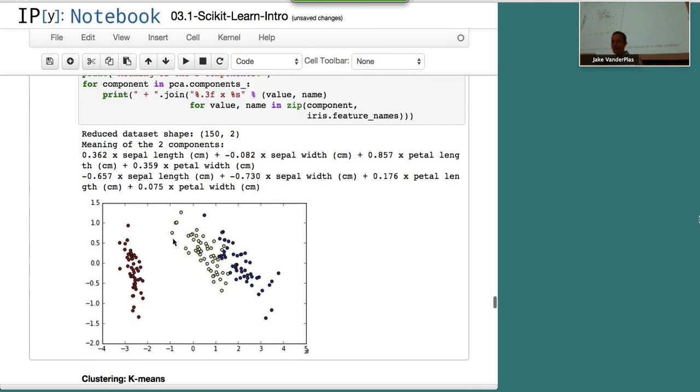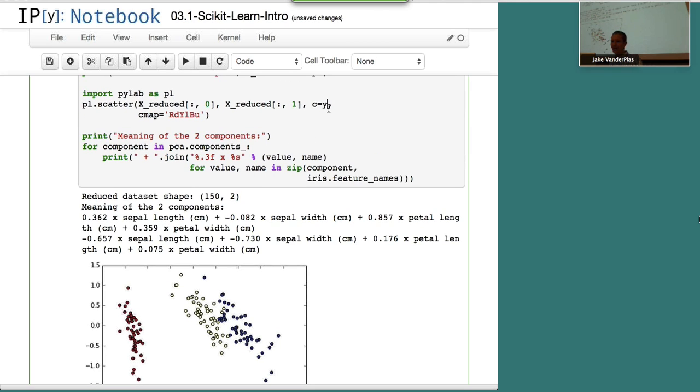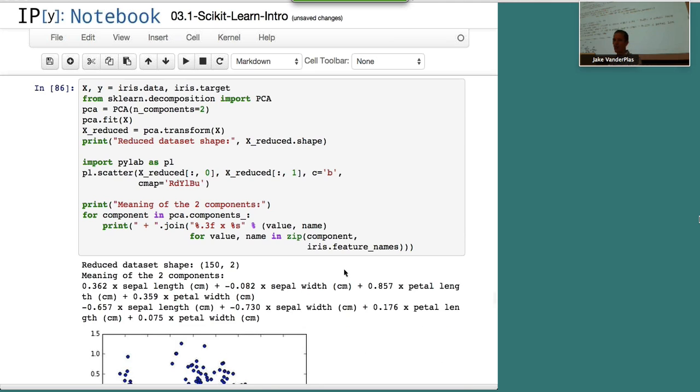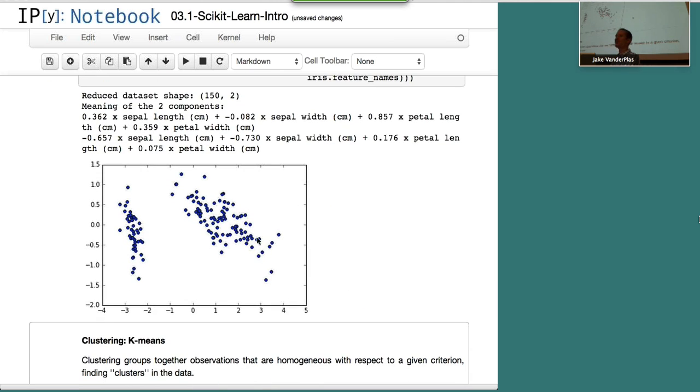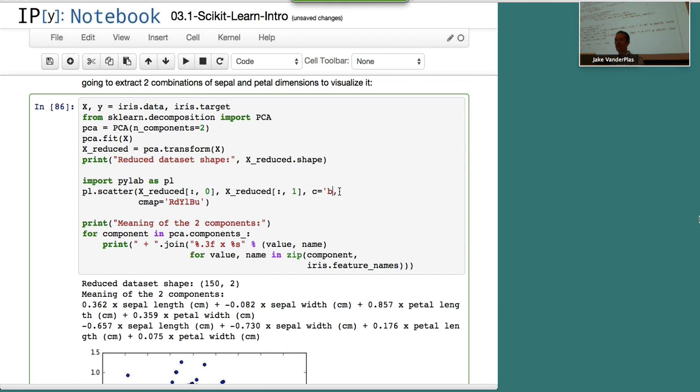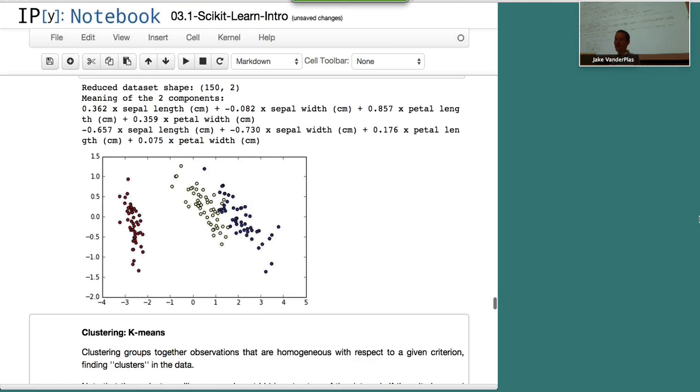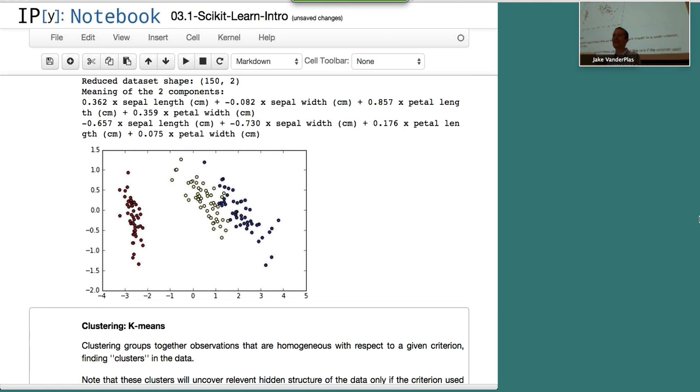So remember, our model knew nothing about the Y values. So as far as the PCA was concerned, what we were looking at was something like this. And then once we have that projection, just for the sake of visualization, we're going to add back in these y values just to see how it's related to the species.